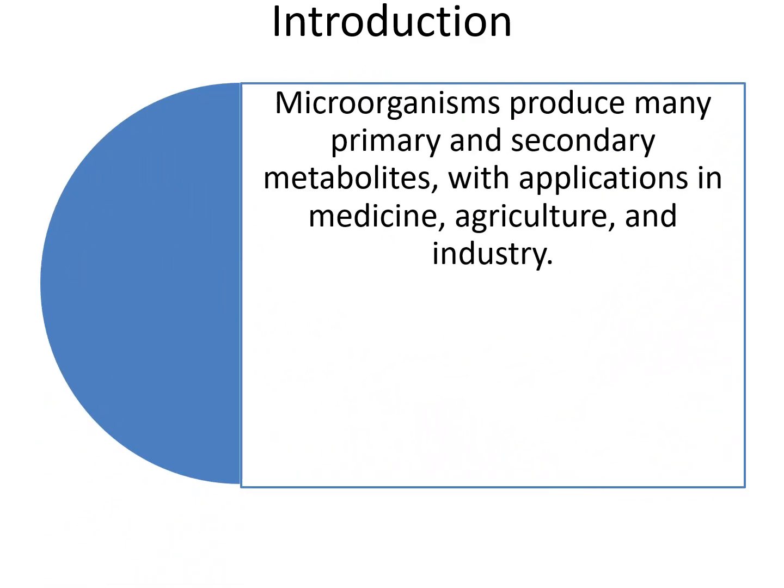Now, introduction. Microorganisms generally produce a diverse range of primary and secondary metabolites with applications in medicine, for example, antibiotics, agriculture, metabolites such as biopesticides, and industries, for example, enzymes, pigments, and so on.